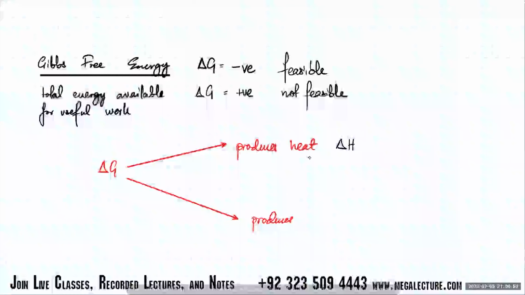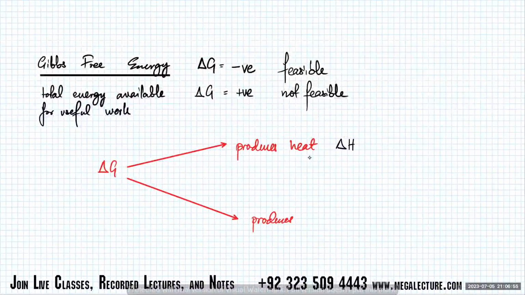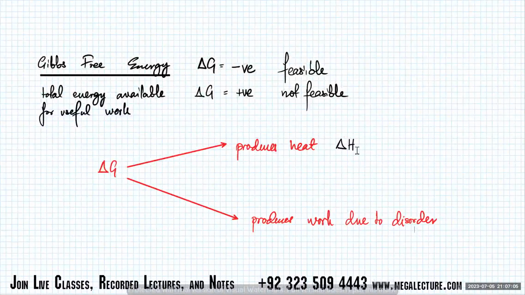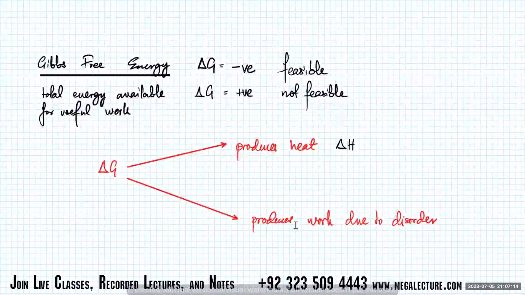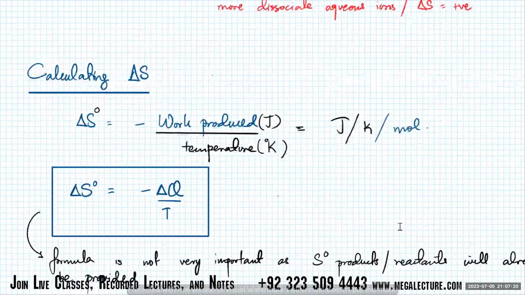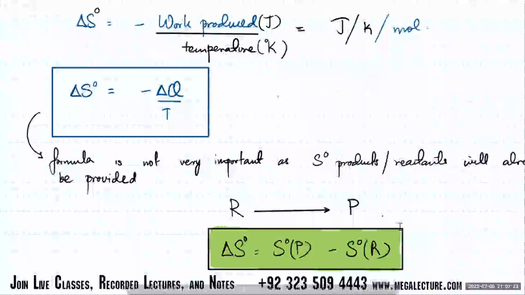The formula for heat is delta H, right? Every reaction has a certain enthalpy change, endothermic or exothermic, so you can determine the heat produced. But how do you predict the work that's going to be produced due to disorder? We already wrote down a formula earlier. What was the formula?